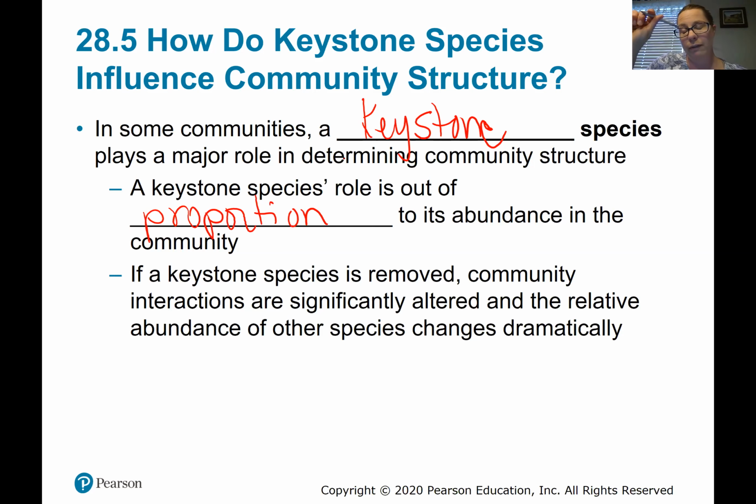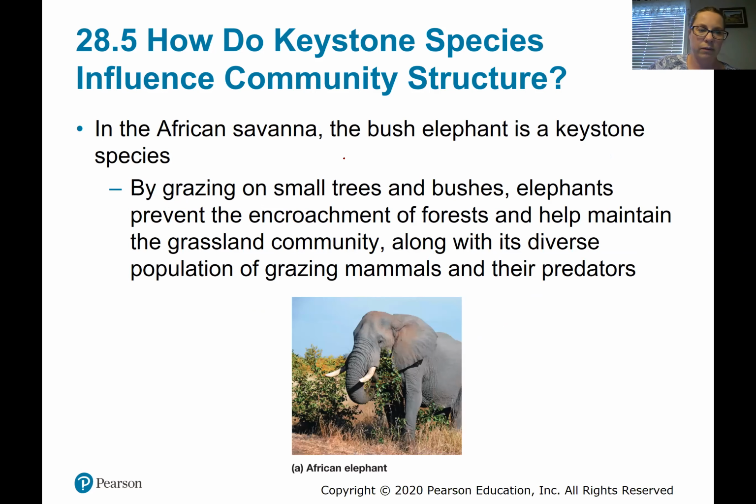So there may be only a few of these organisms, but they have a very, very important role. And so if they're removed from the community, the rest of the community will be significantly affected. And one example is the bush elephant in Africa.